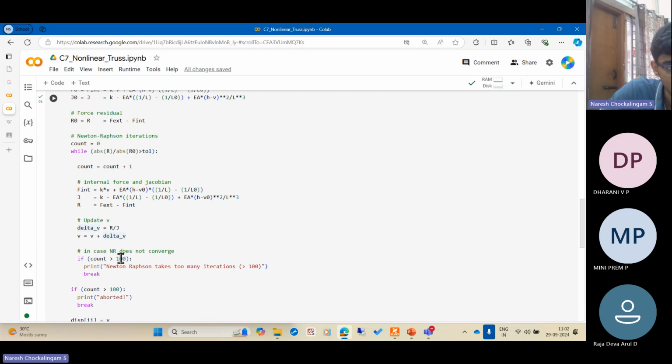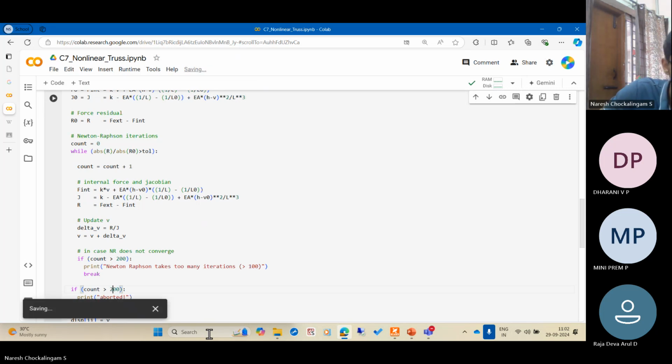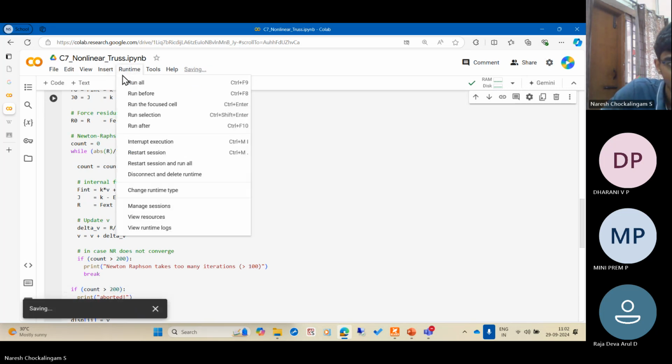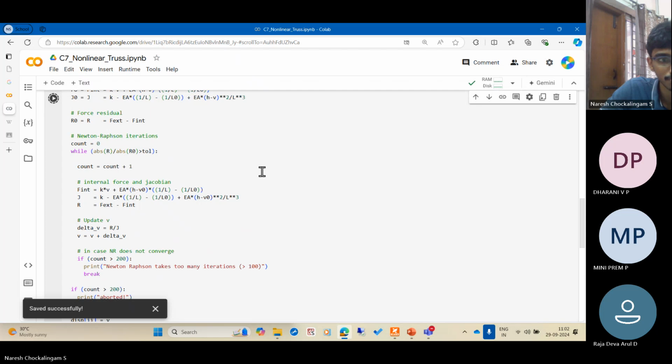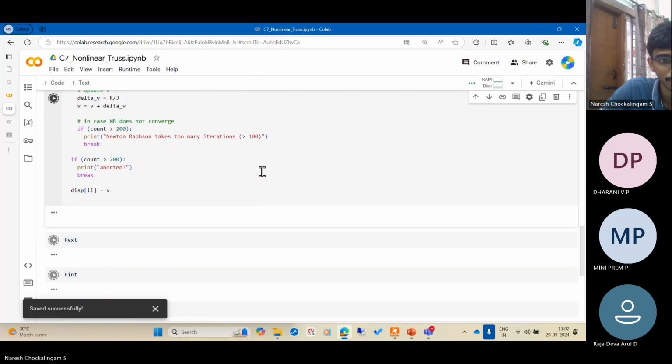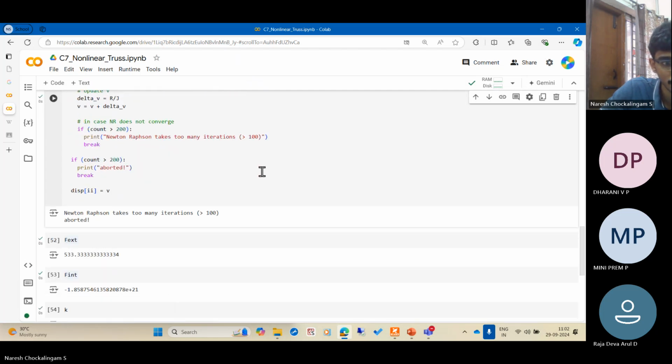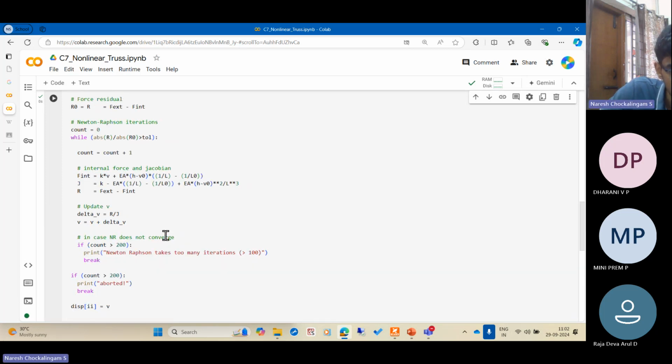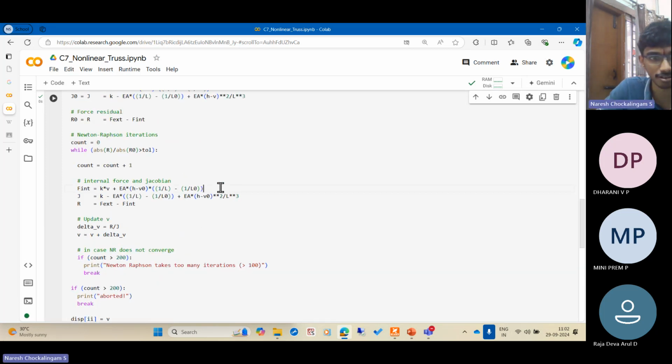Okay, maybe let's try increasing the number of iterations. Okay, F internal is diverging due to some reason. It is not correct, probably.